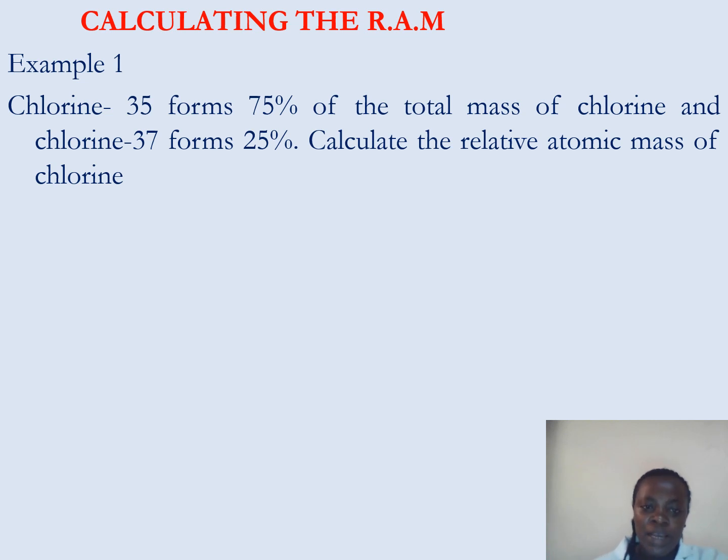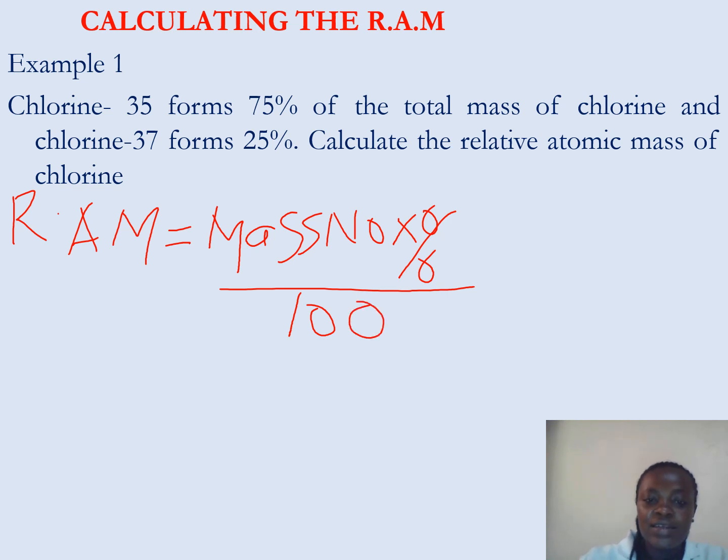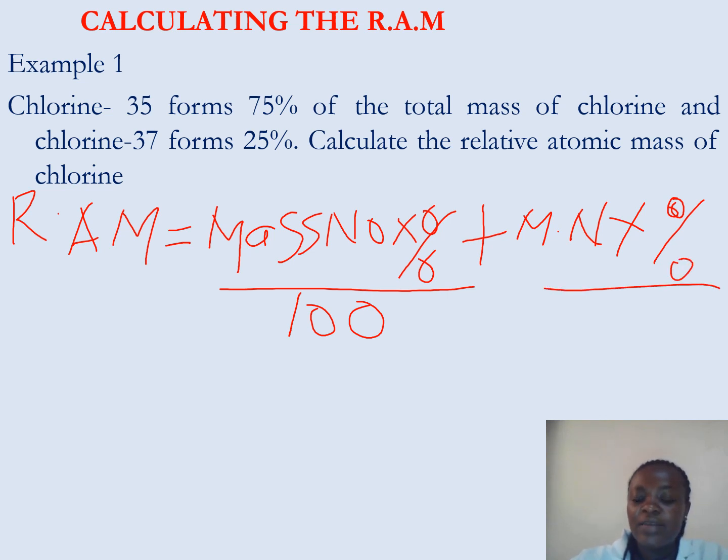To calculate the relative atomic mass, we take the mass number of the first isotope multiplied by its percentage divided by the total percentage, that is 100, that is 75 plus 25, plus the mass number of the second isotope multiplied by its percentage divided by the total percentage, which is 100.